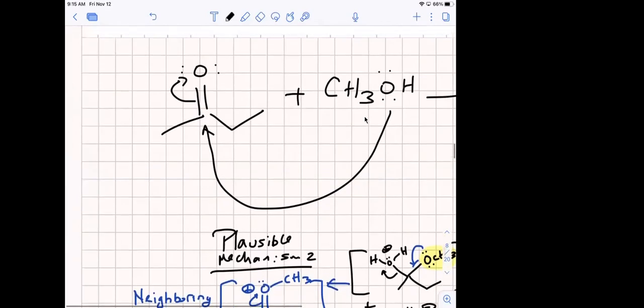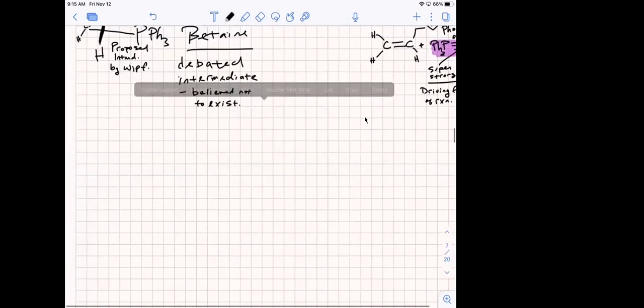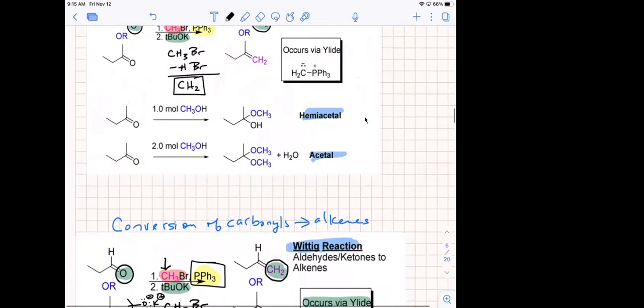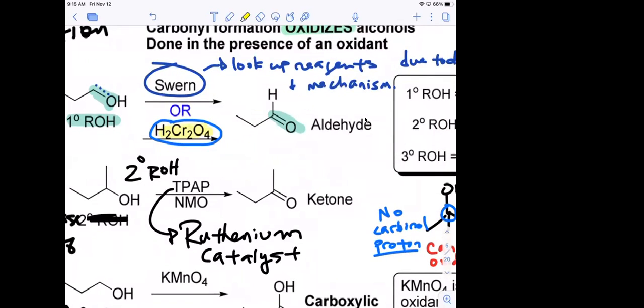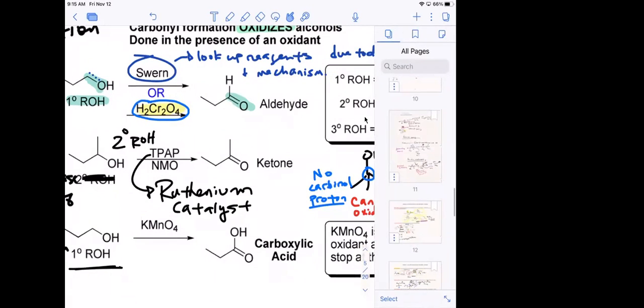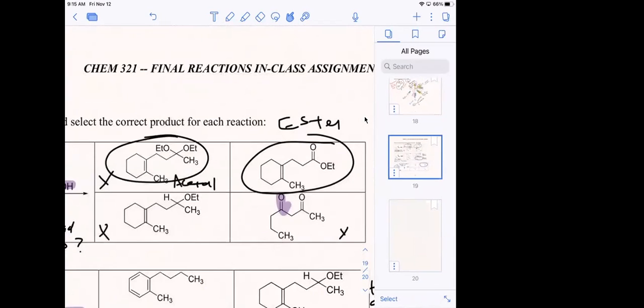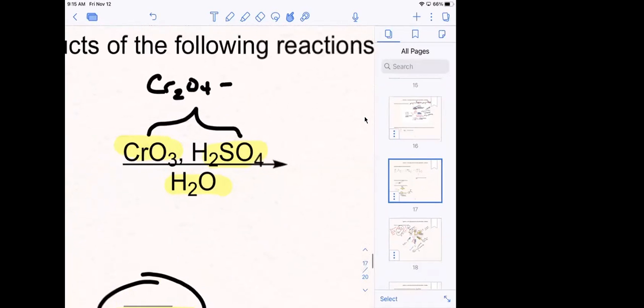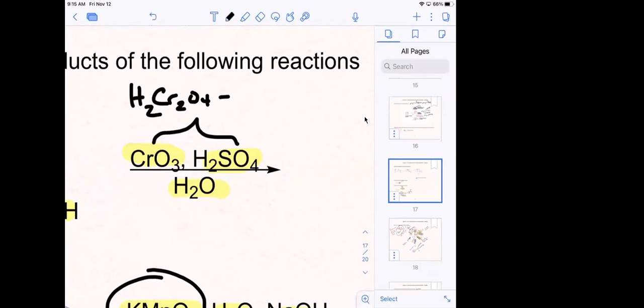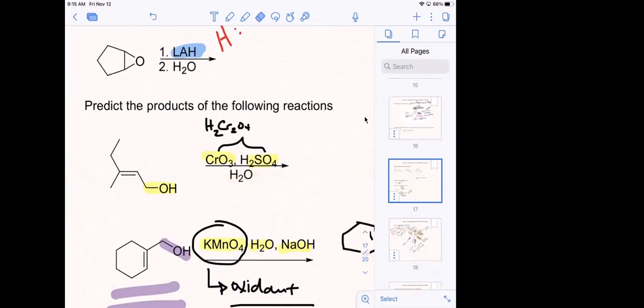Right here. So you can see that the chromic acid is here, H2CrO4. So the precursor to that is this. These are the reagents that you'll add together to make chromic acid.